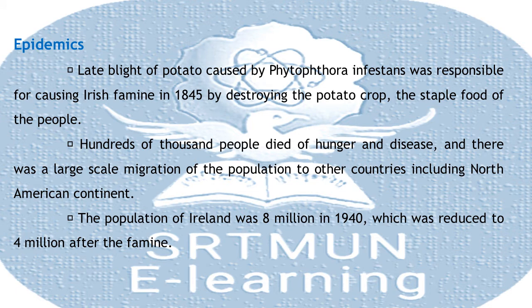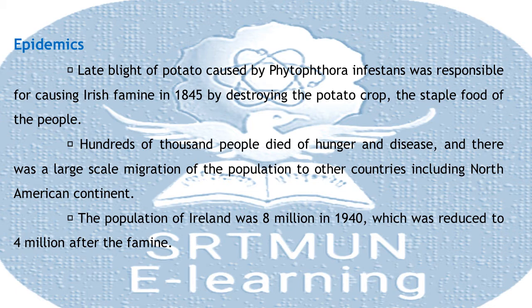Now, next point, epidemics. Late blight of potato caused by Phytophthora infestans was responsible for causing the Irish famine in 1845 by destroying the potato crops, the staple food of the people.